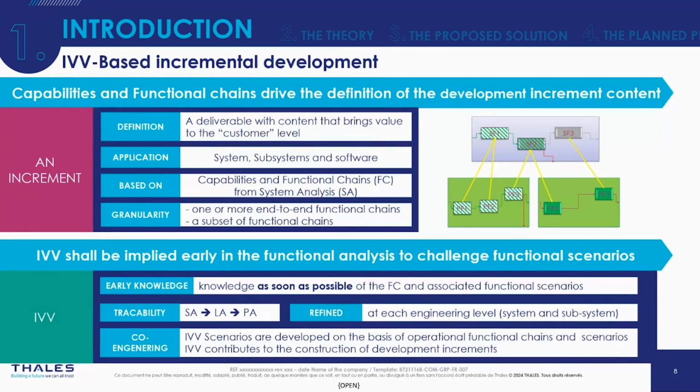And since he will have an early knowledge of the model, he will be able to contribute to the breakdown of these development increments and bring out the needs in terms of observability in the model, which is very important for IVV, and by identifying enabling systems as early as possible.